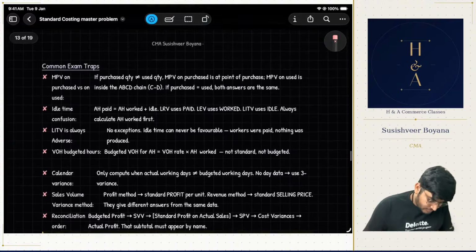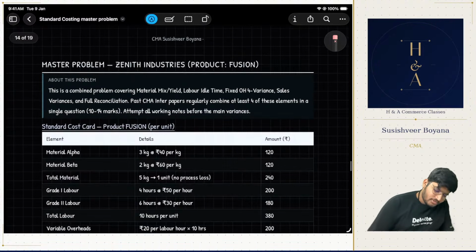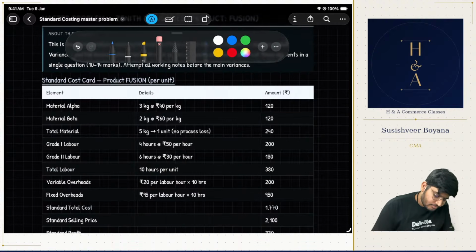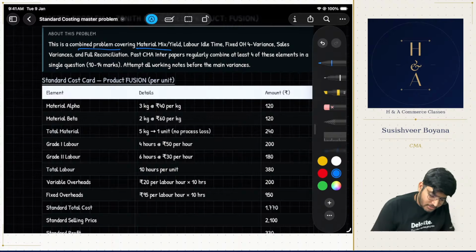Okay. Final problem, master problem, Zenith Industries. This is a combined problem covering mix and yield, labor, fixed overheads. There is a four type variance, sales variance, and a full reconciliation.